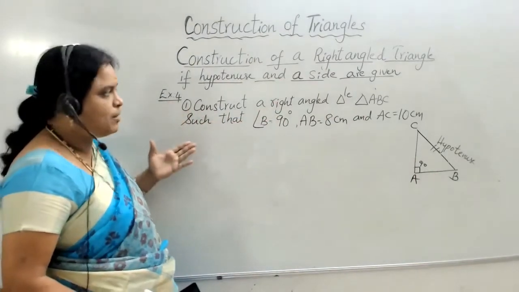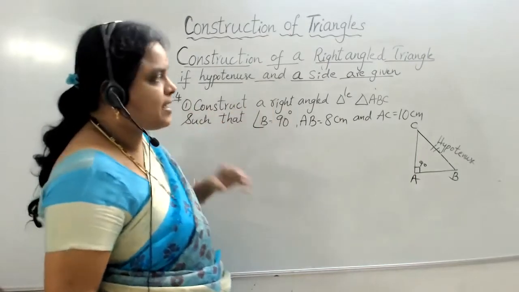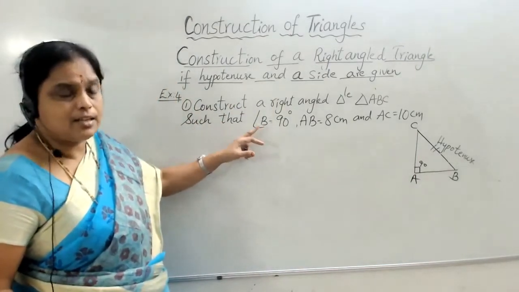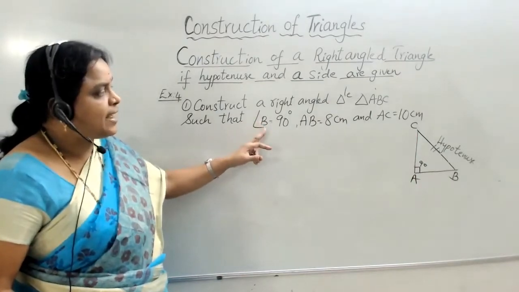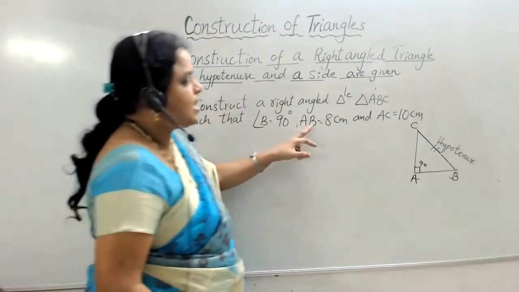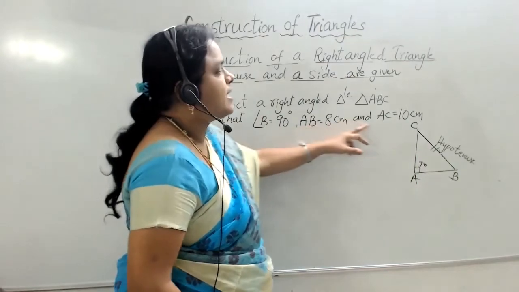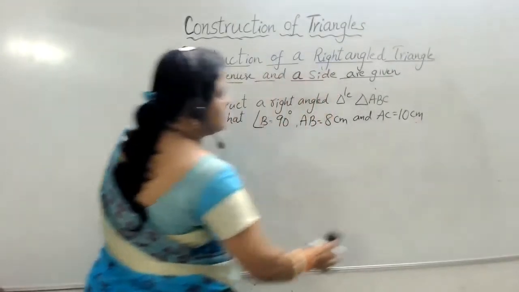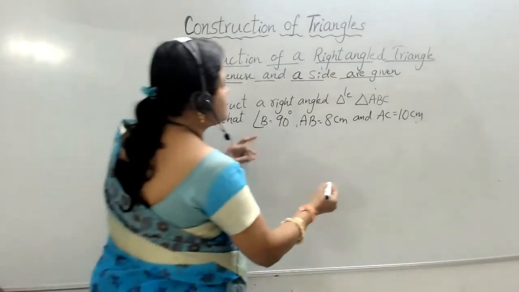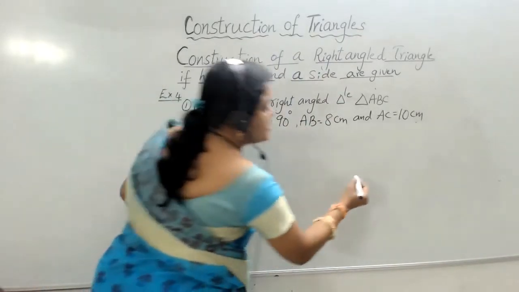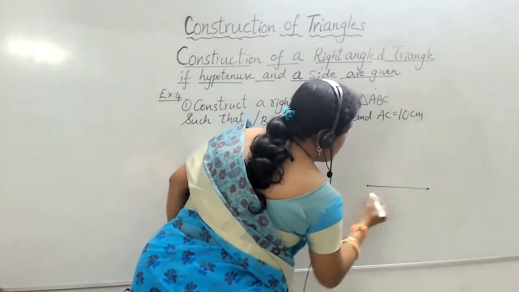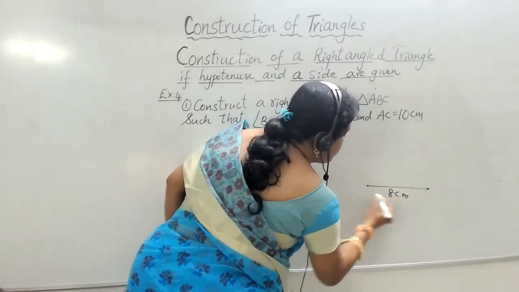Exercise, first problem: construct a right angle triangle ABC such that angle B is 90 degrees, AB is 8 centimeters and AC is equal to 10 centimeters. Now we will draw a rough sketch. AB is given as 8 centimeters.